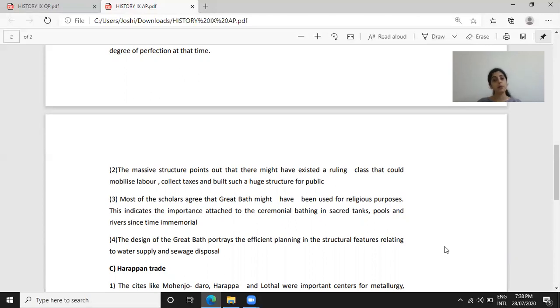This indicates the importance attached to ceremonial bathing in sacred tanks, pools, and rivers since time immemorial. And the last point, the design of the Great Bath portrays efficient planning in the structural features relating to water supply and sewage disposal. If you have written down these 4 points, give yourself 3 on 3.